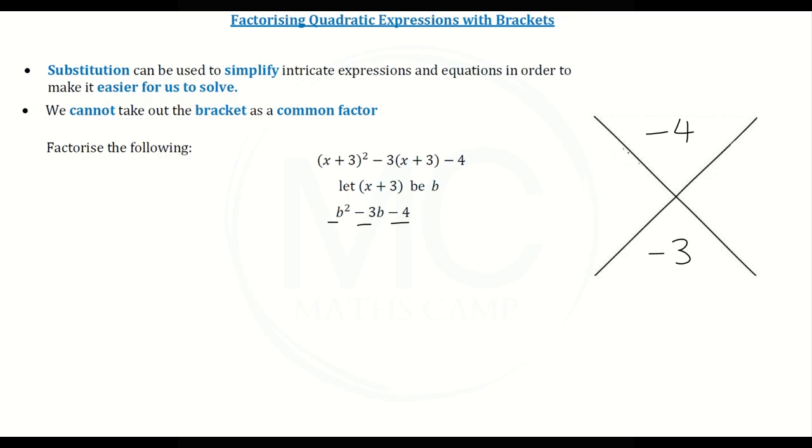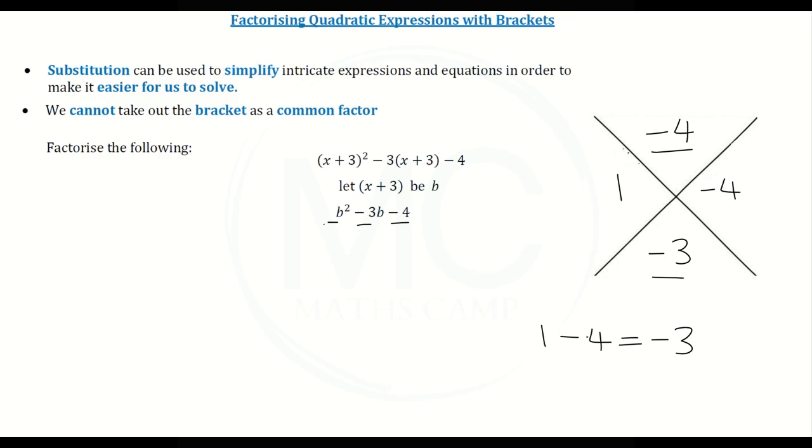Now I need to find factors that give me negative 4, but when added together, give me negative 3. 4 is negative, so one factor will be negative. 3 is negative, which means the larger factor will be negative. So if we say negative 4 divided by 1 gives us negative 4, 1 minus 4 gives me negative 3. So the factors I'm looking at are 1 and negative 4.